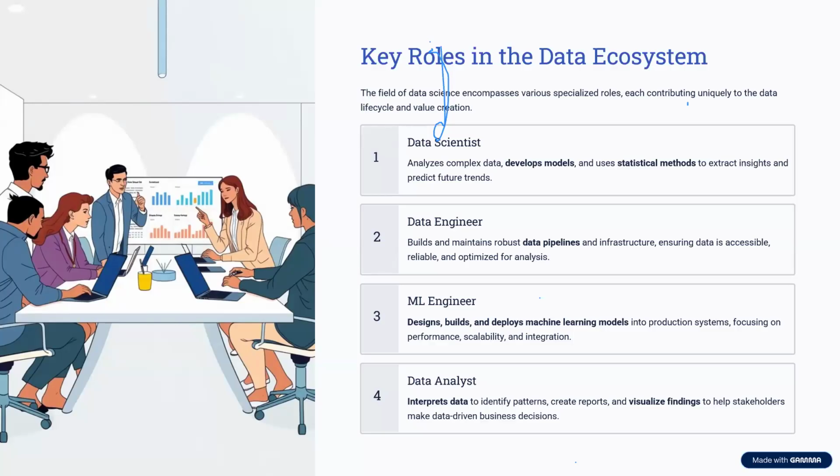And the first thing that will come to mind is the data scientist. Of course, once you are studying data science, you may call yourself a data scientist. Your primary goal is to analyze complex data, right? And to develop models, right? We'll look at how to develop models later on in the program. And then how to use statistical methods to extract insights and then predict future trends.